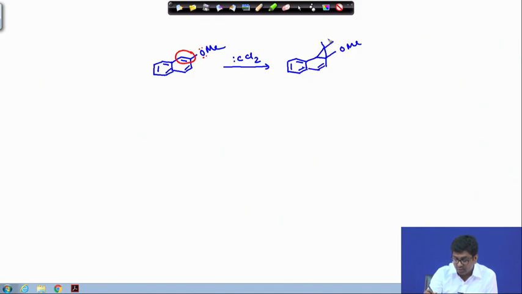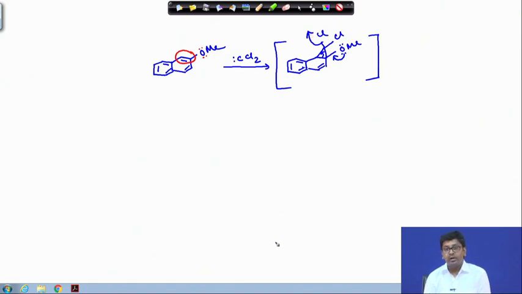And once this forms, this OMe group, oxygen is having its lone pair. Now, this ring can expand, okay. So, once it expands, then actually we will get that halobenzotropone type of derivative.